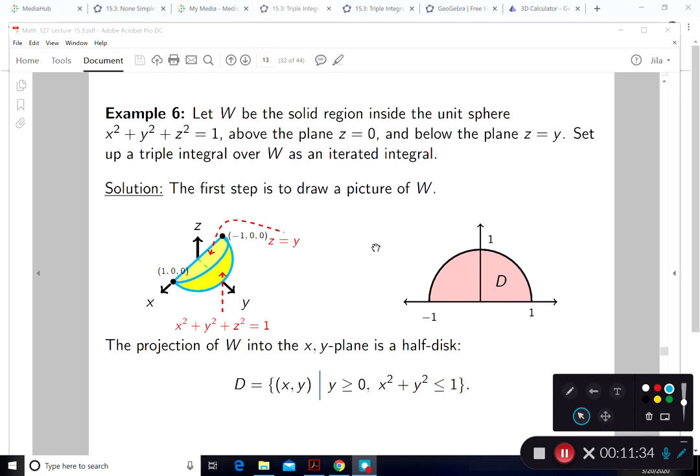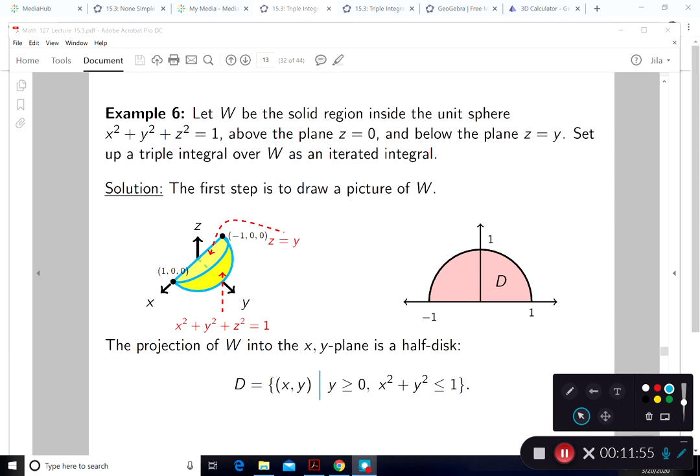And so now that's the region. But if I set it up that way, I see that some part of z ends with this plane, and some part of z ends up with this sphere. So I have to figure out which part is which, and that's not too difficult.